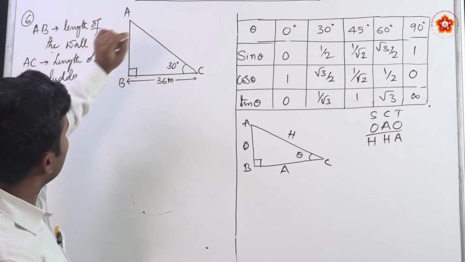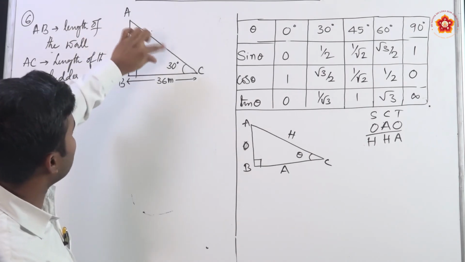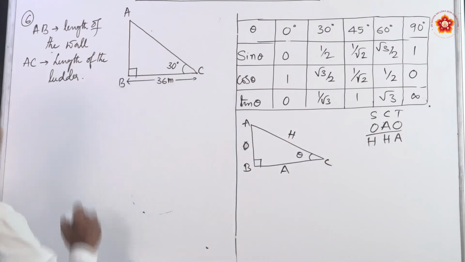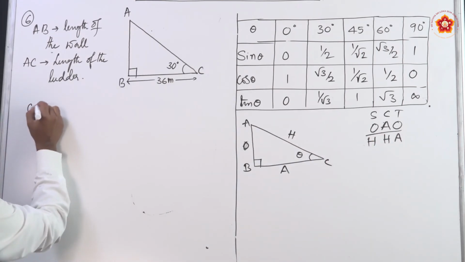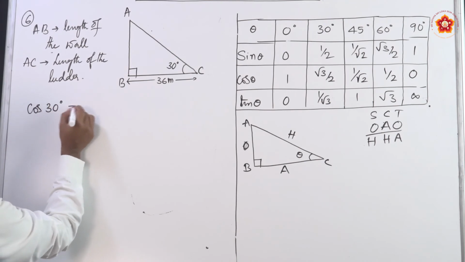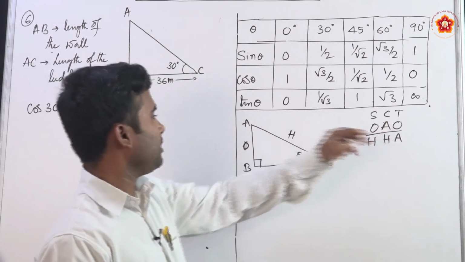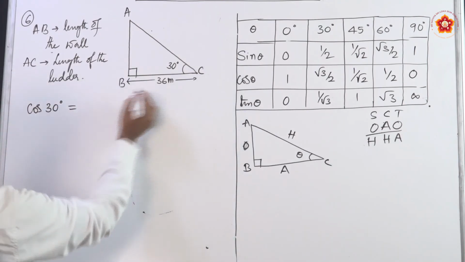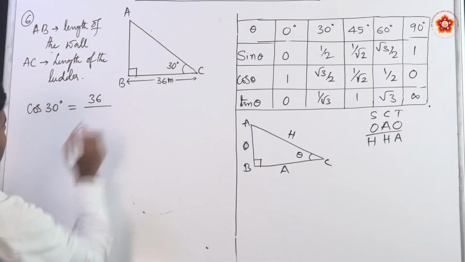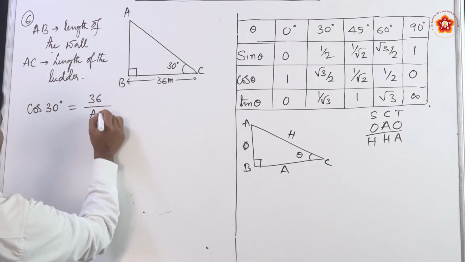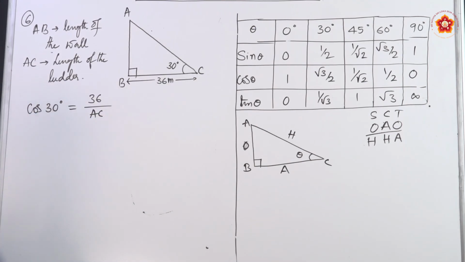So with only adjacent and hypotenuse and the angle of elevation, I am taking cos. Here I can define cos theta, that is cos 30 degrees, the angle of elevation. What is cos? That is adjacent by hypotenuse. What is adjacent here? That is 36 divided by hypotenuse. Hypotenuse I will simply take as AC, which represents the length of the ladder.